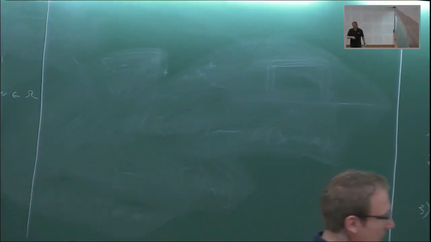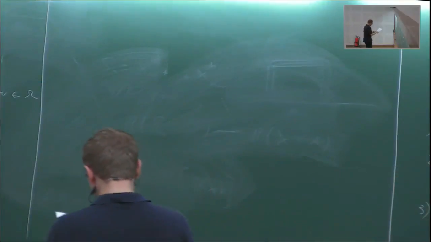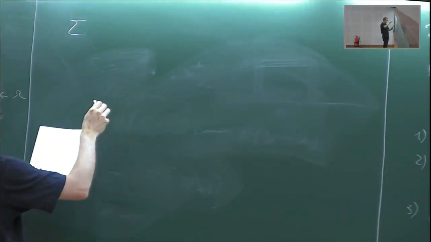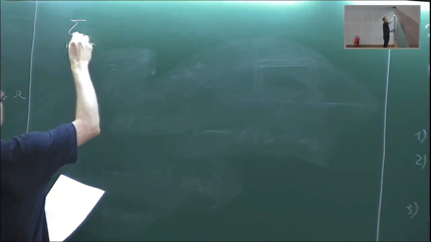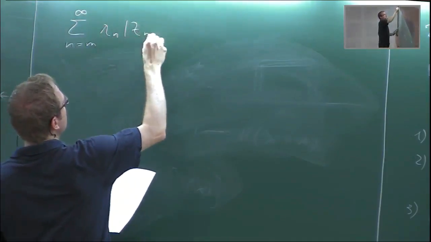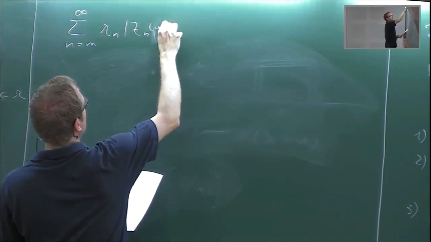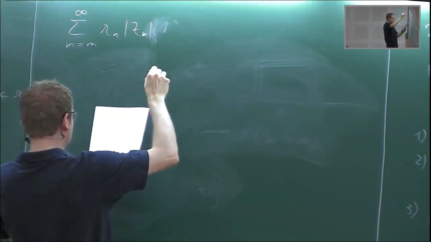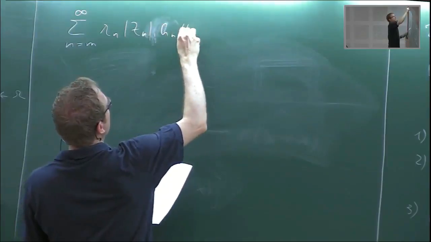Okay, but with this, we can already prove the convergence of this series almost surely. What we have to prove in order to get the convergence is that we have to bound the sum for n equal m to infinity of lambda n, zeta n of omega, g n of t.